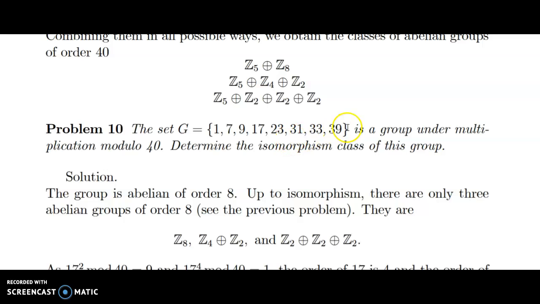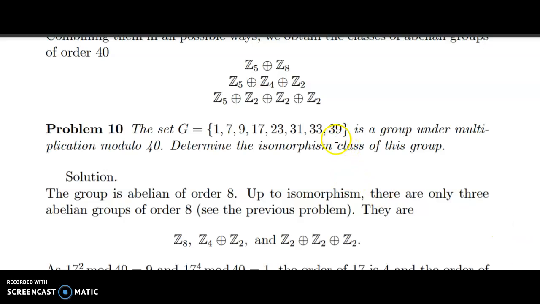According to the fundamental theorem of finite abelian groups, this group must be isomorphic to one of these 3 abelian groups of order 8, because we know from the previous problem that there are 3 isomorphism classes of abelian groups of order 8.